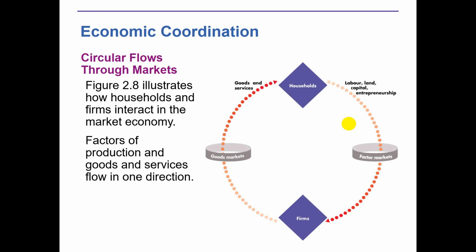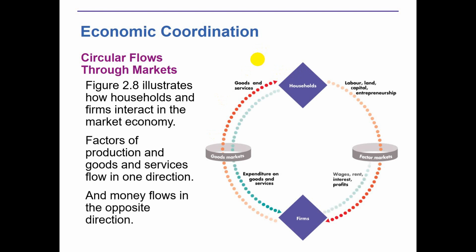The household provides factors of production to factor markets. These factors are bought by firms, and firms produce goods and services. Those goods and services are bought by households. In the inner flow, money comes from households. So this is the circular flow of economic activity.